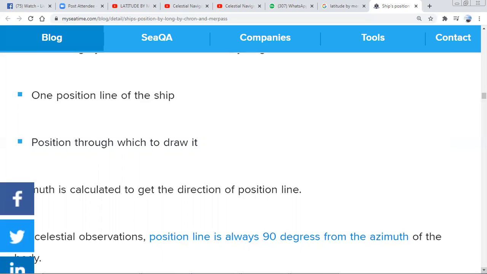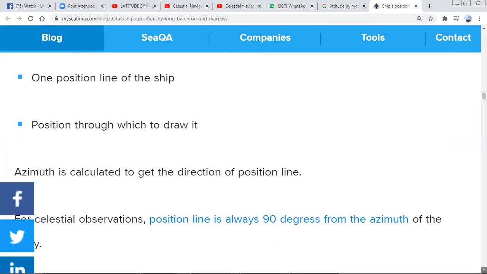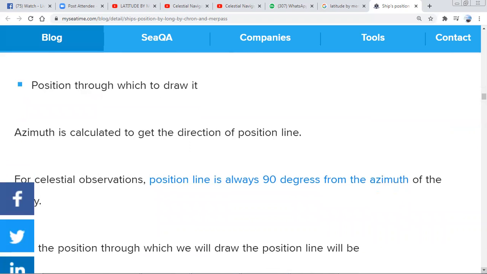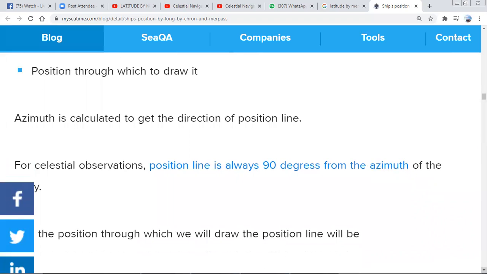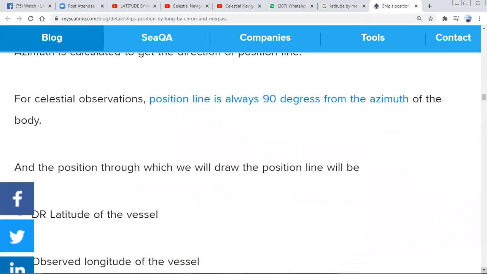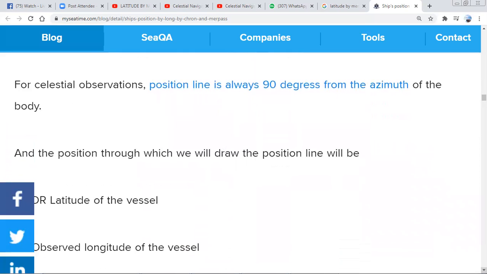That's a very important point for orals also and for understanding. The observed longitude does not mean it's the actual longitude of the observer. It's just a position line, through which we have to draw this longitude. And azimuth is calculated to get the direction of the position line. Azimuth means the bearing of this body.